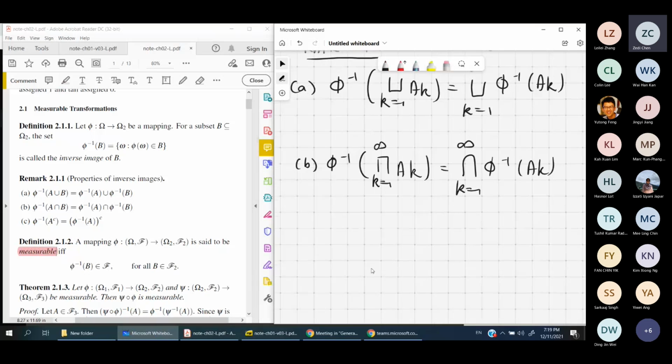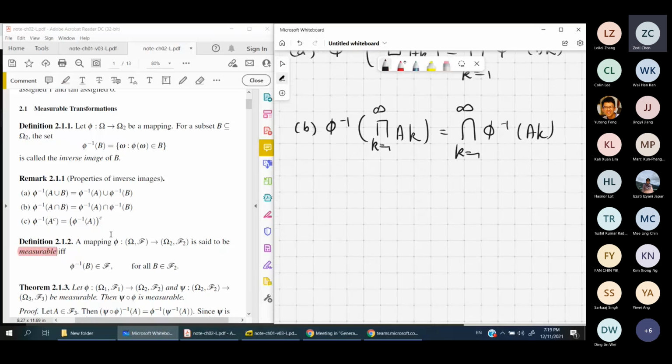A mapping phi from this omega, F to omega 2, F2. Of course, here we are talking about one sample space to another sample space. This is a sigma field for omega. This is a sigma field for omega 2. A mapping is said to be a measurable function if it satisfies this condition: phi inverse of B belongs to F for all B belonging to F2.